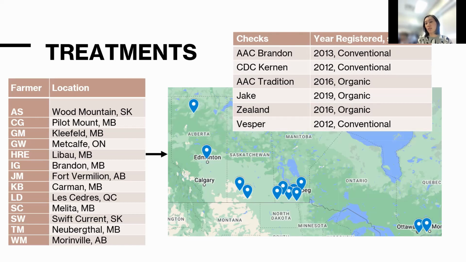AC Tradition is the only organically selected and bred registered hard red spring wheat. Then Jake and Zealand both came out of Dr. Dean Spaner's program, which were not necessarily selected under organic conditions, but were recognized as being suitable for organic production. And then we have Vesper, which performed extremely well in our past organic trials, and so we decided to use that as a check as well.